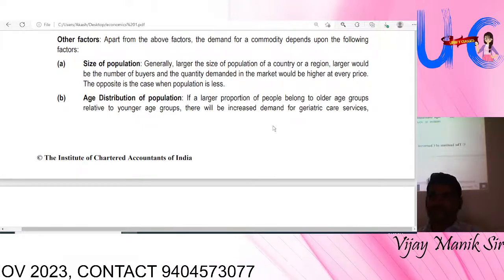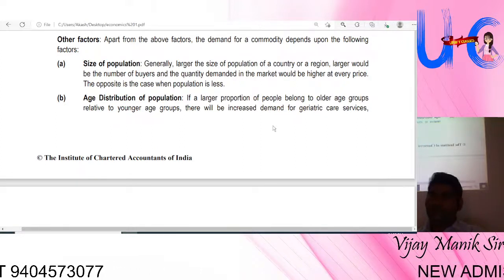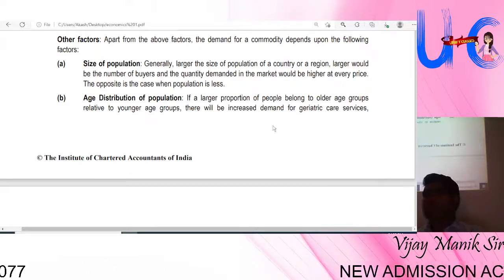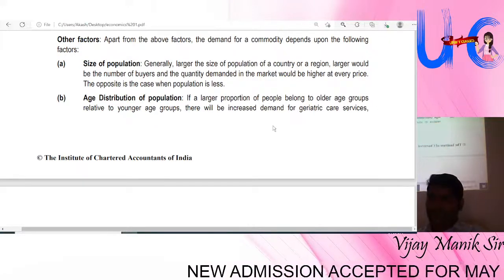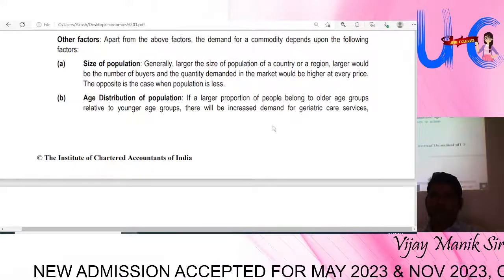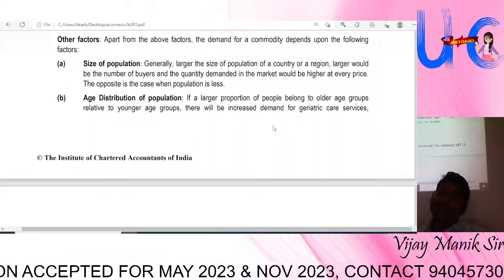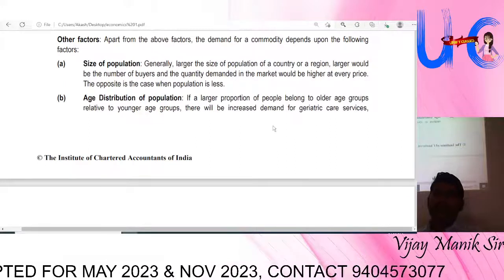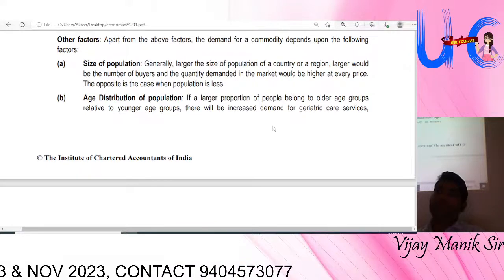It is very important. We can take a simple example. One area has more than 1000 people, and another slum beside it has more than 10,000 people. So which will be the best market for the producer?